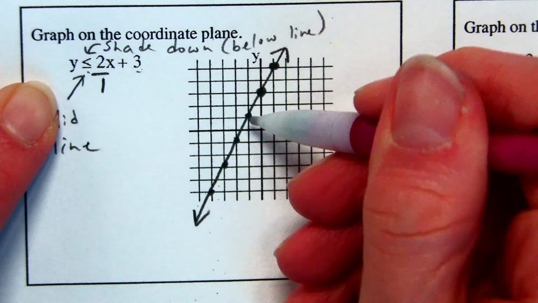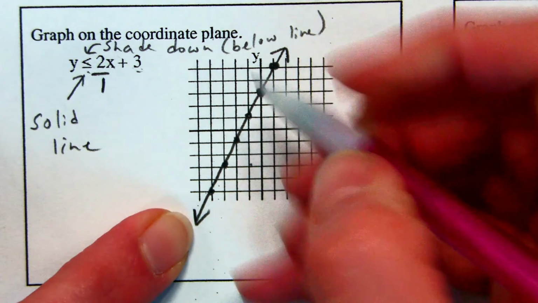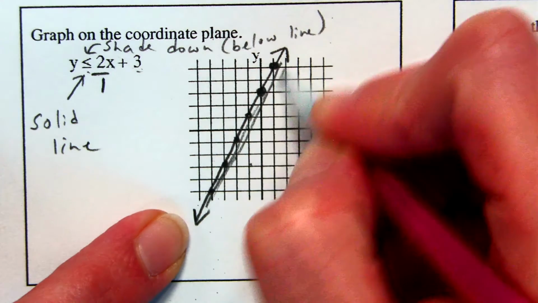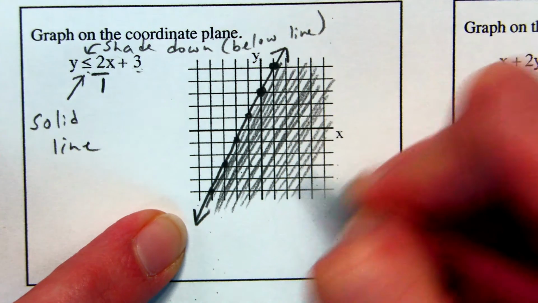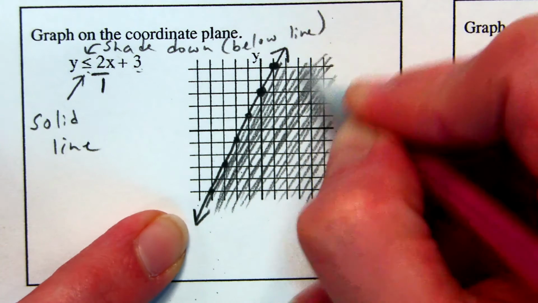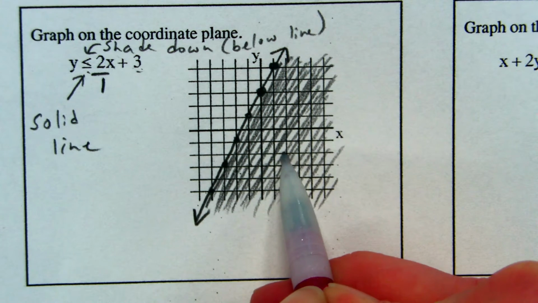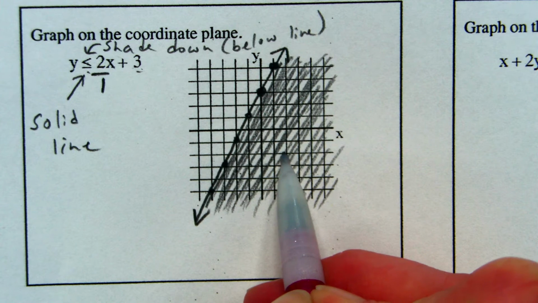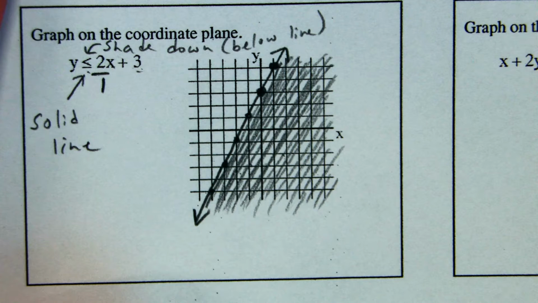So if you put your pencil on a point on the line and go straight down, you'll be on the side that you're going to shade. So we're going to shade this side. And then if you weren't sure if you did this correctly, you could pick a point and put it in and make sure that it makes it true. But since we didn't have to rearrange this one, since we were paying attention, we should have done okay.